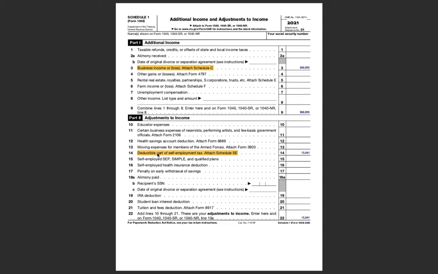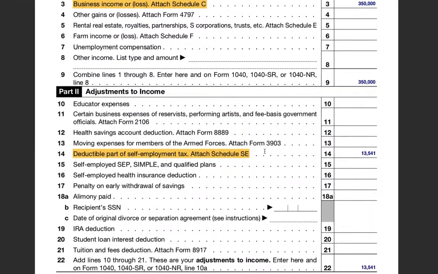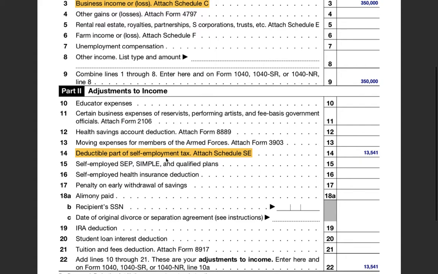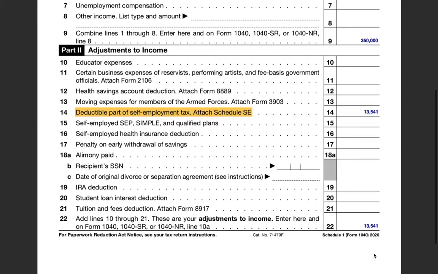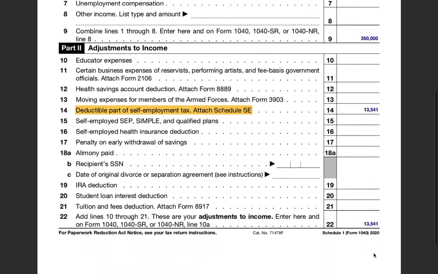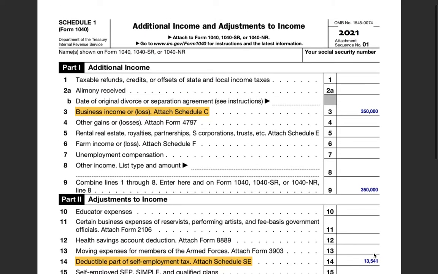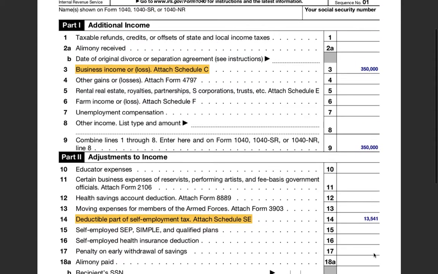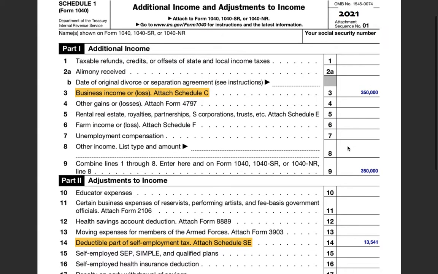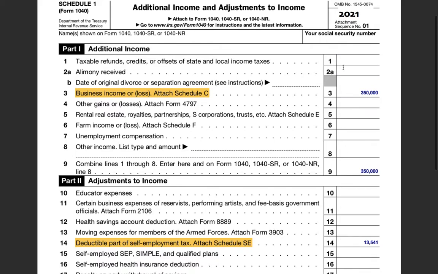On Schedule 1, line 14 says deductible part of the self-employment tax, attach Schedule SE. You can see here, this is the deductible part of the SE tax, right? This is the half amount. So once you get the SE tax, we assume we don't have anything else, that's all the income you have.